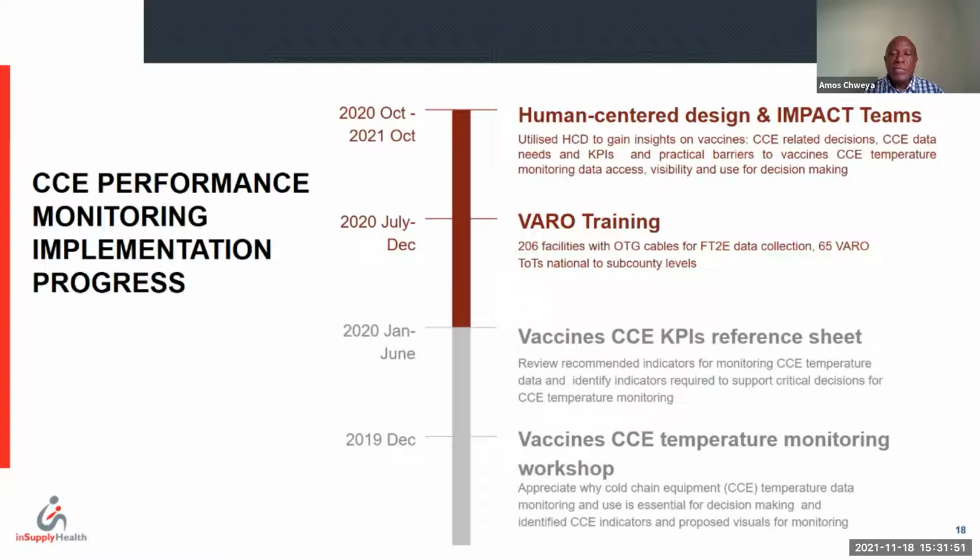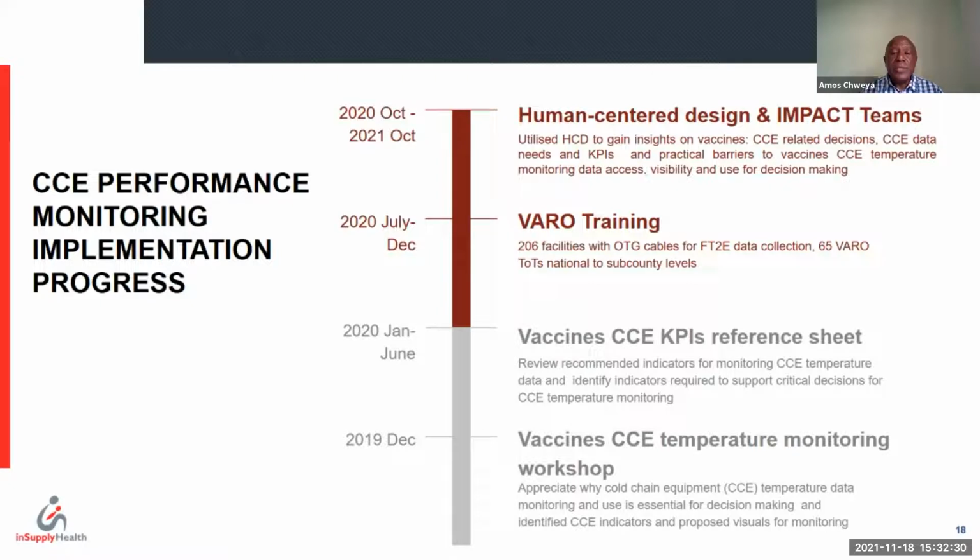So this small team, picked at the national level, looked at that and came up with a vaccines cold chain equipment key performance reference sheet that indicated the recommended indicators together with the visuals that went with it. After this, around July last year to December, the country started looking at how these recommended visuals can be visualized and used for decision making.